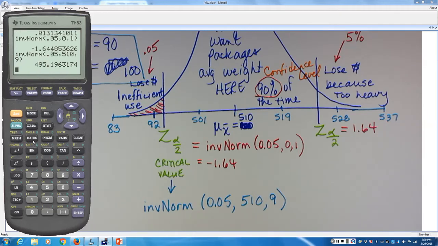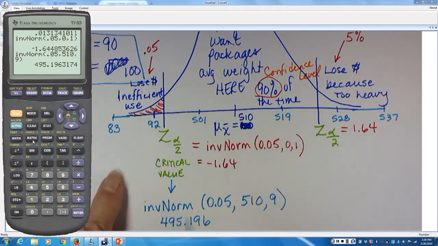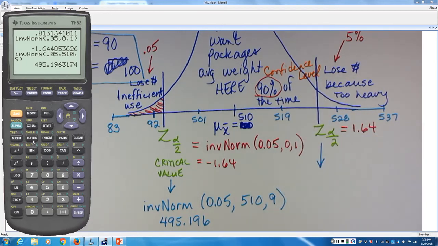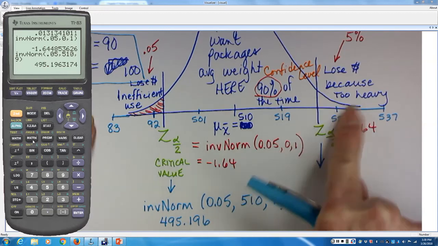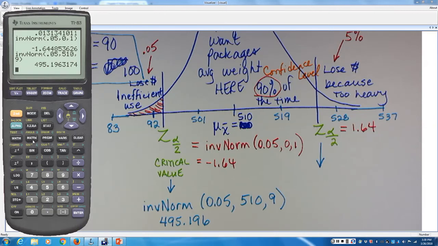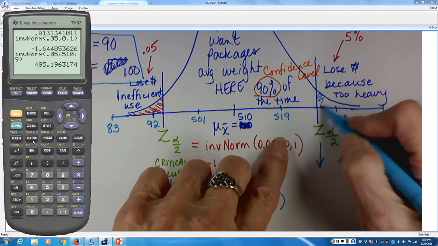And it says this line is at 495.196. And then if I do the same thing with this one, it's going to be 1 minus 5%, because the area up here is 5%.